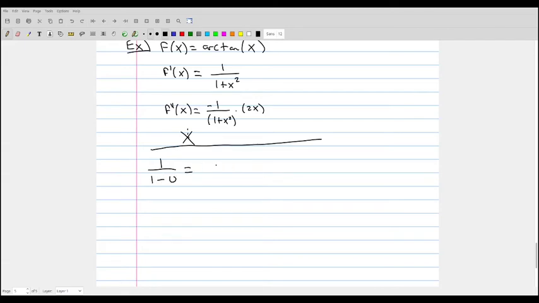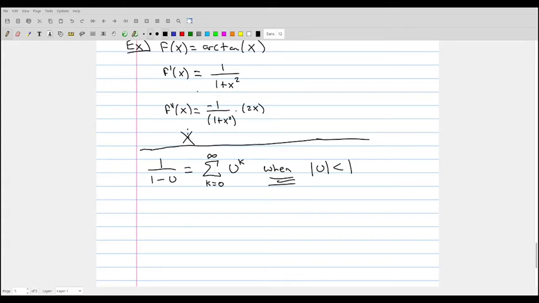This is equal to the summation from k equals 0 to infinity of u to the k, when, and this is important, the absolute value of u is less than 1. So we can use this for any value u, as long as the absolute value of u is less than 1.